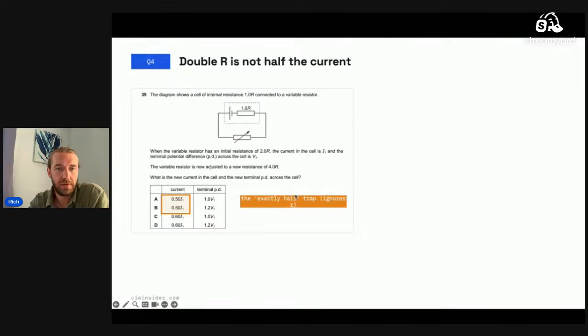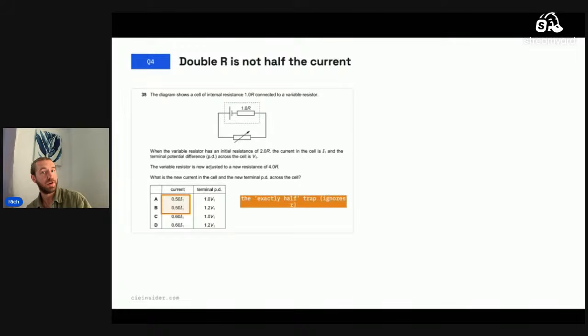Which one is it going to be in terms of the terminal PD? Well, this one's an interesting one because if there is a smaller current than before, that means that the lost volts, as in I small r, which in this case is I times 1 big R, is going to come out as a smaller number than before.